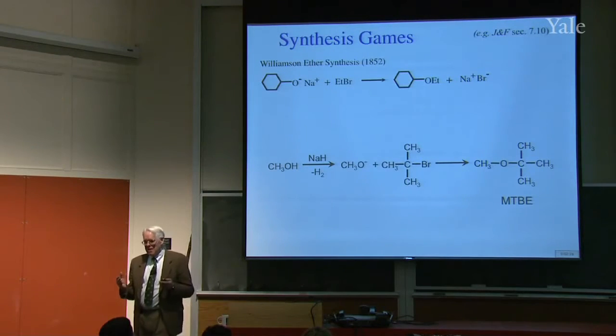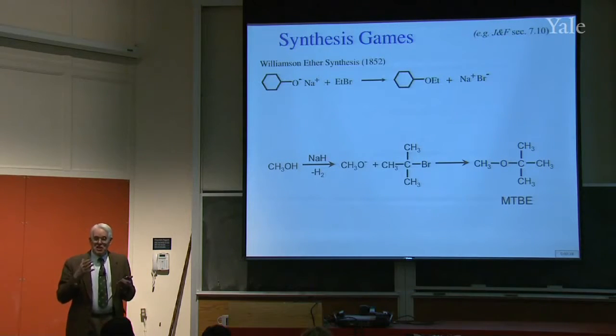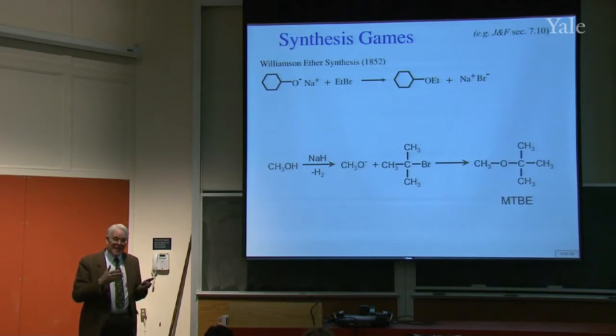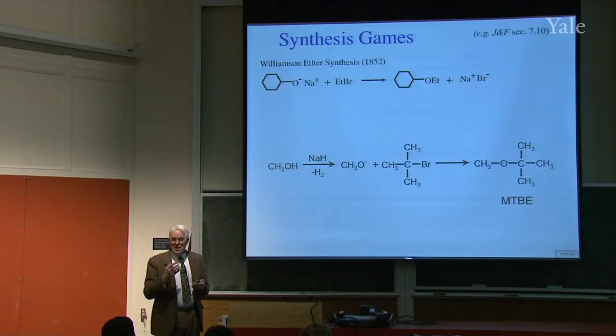What have we just been talking about? The competition between substitution and elimination, right? And what are the factors that favor E2 over SN2? Steric hindrance, right? Crowded here. It's hard for this oxygen to get at the carbon. And what else?